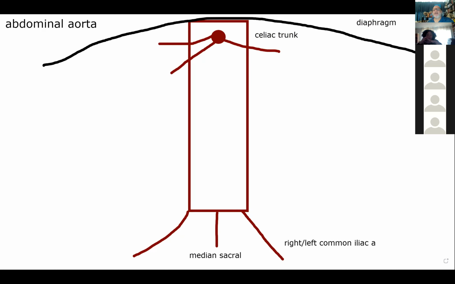We have another unpaired blood vessel that you have absolutely correctly identified as the superior mesenteric artery. Way down here, below it, is also an unpaired inferior mesenteric artery.